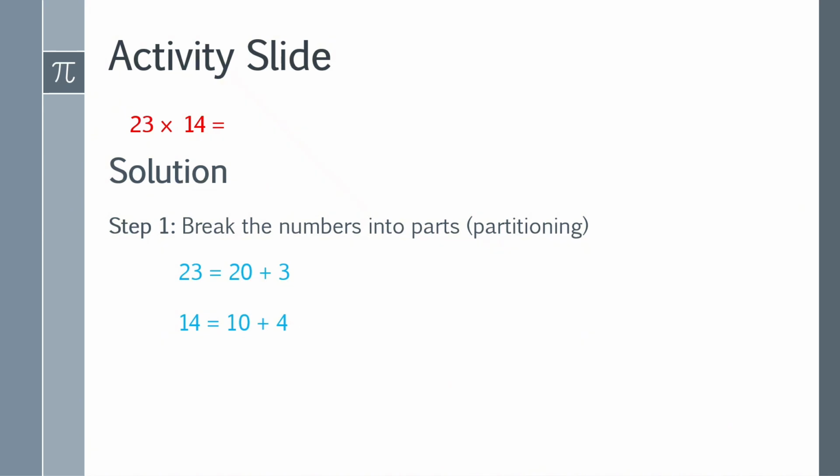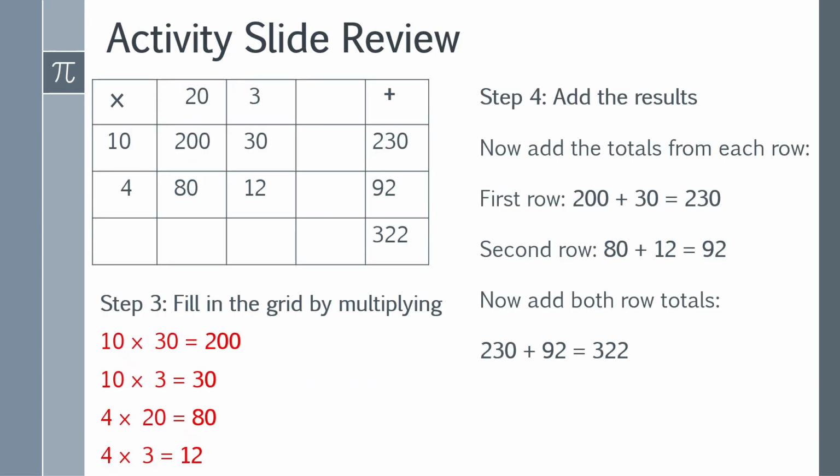That will make your 23 become 20 plus 3, and your 14 will become 10 plus 4. Then you are going to draw a 2 by 2 grid and multiply each pair. You should have something like this if you actually got it right.